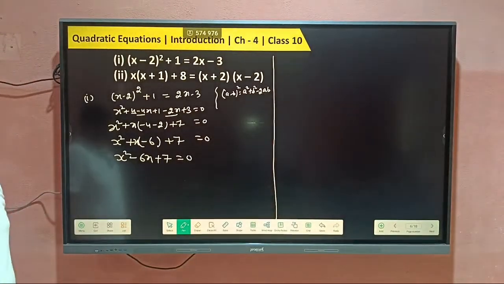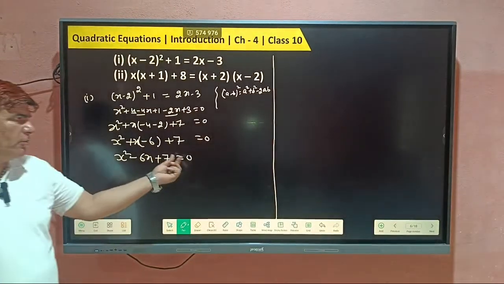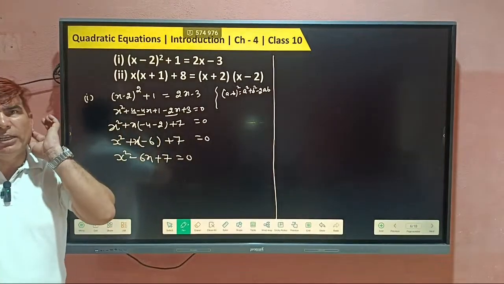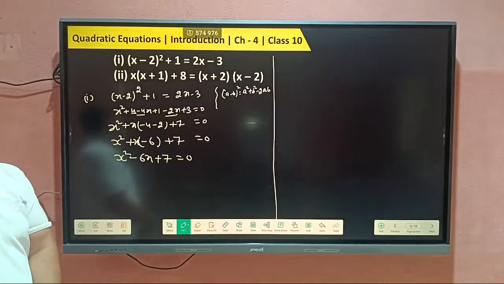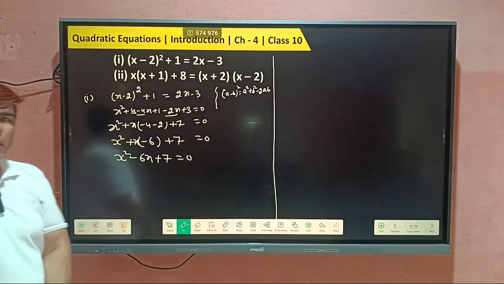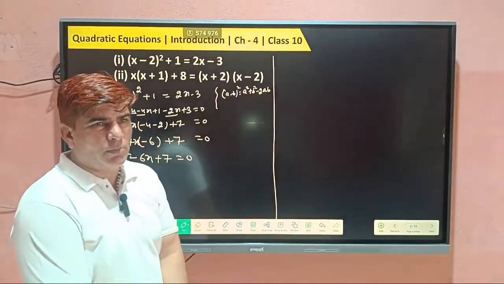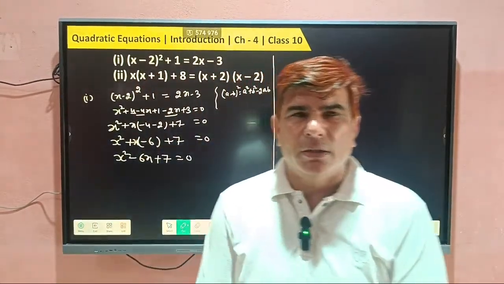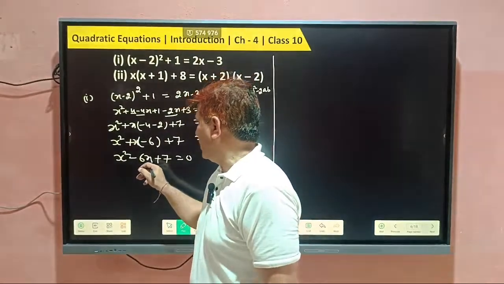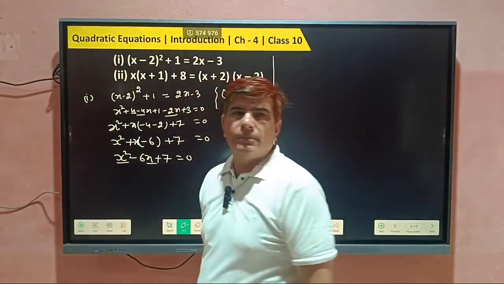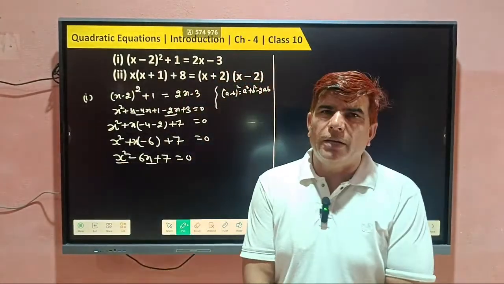You have to tell whether it is a quadratic equation or not. Equal to 0 is given, so definitely it is an equation. Then we have to tell if it is quadratic or not. If the highest power of the variable is 2, then it is. Which one is the variable here? Look, x. x is the variable here.